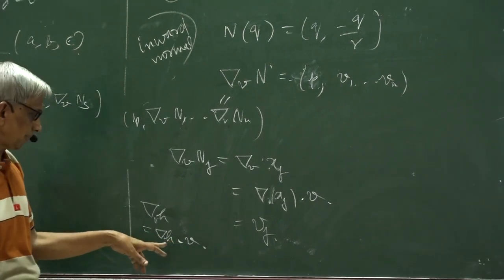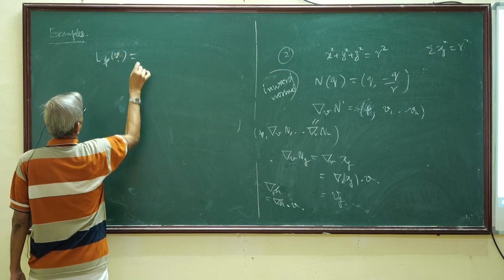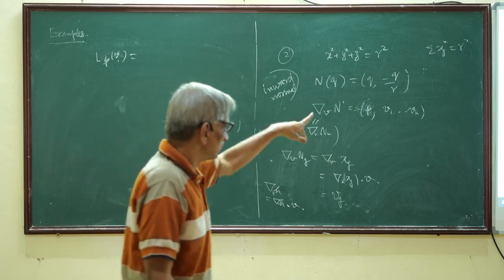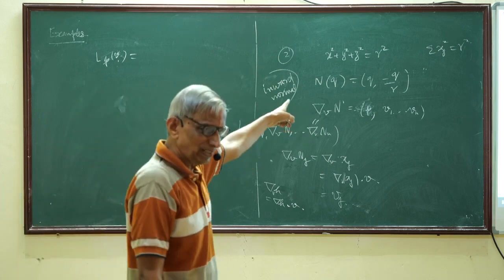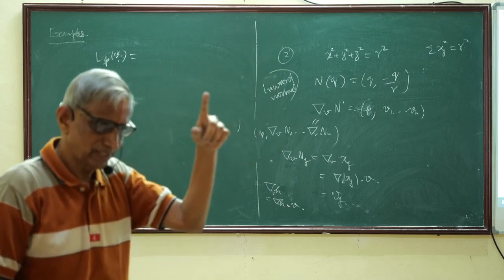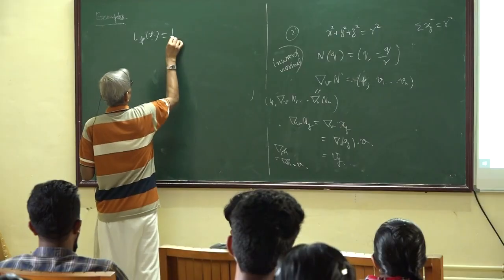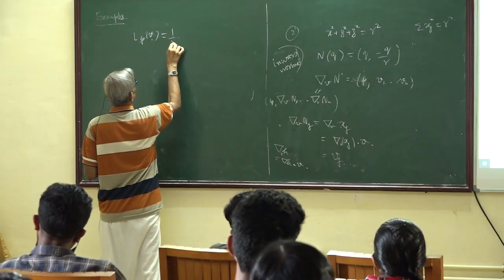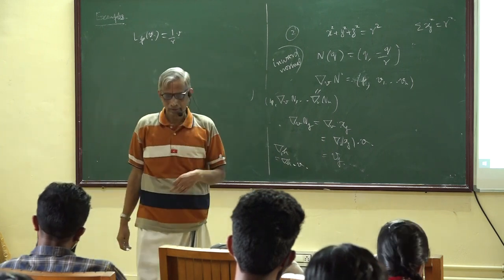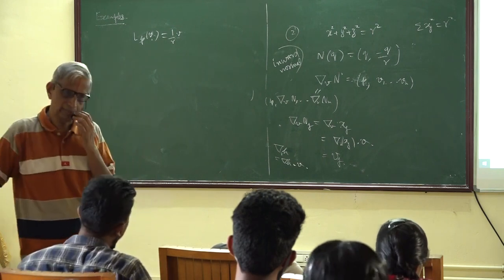So you're going to have lp of v. There is one more minus, so that's why I took the minus there, the inward normal rather than the outward normal. You just get the identity function multiplied by r, 1 by r. If you take outward normal, you will get minus 1 over r times that.